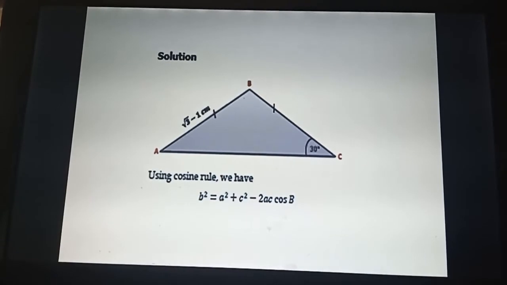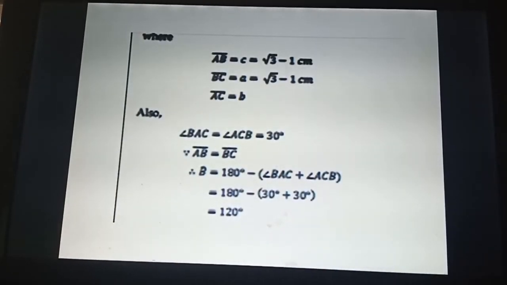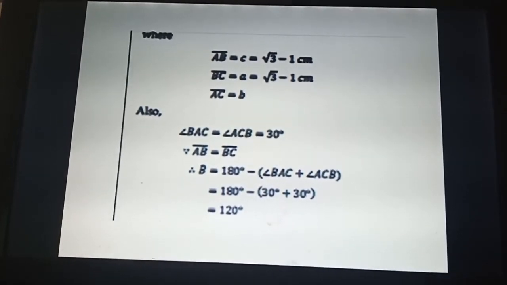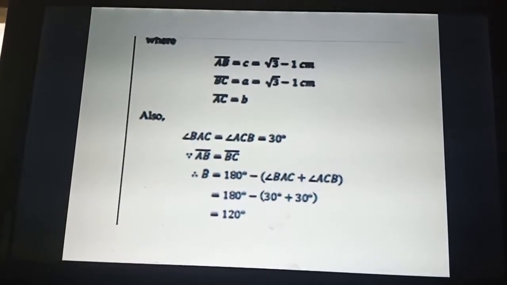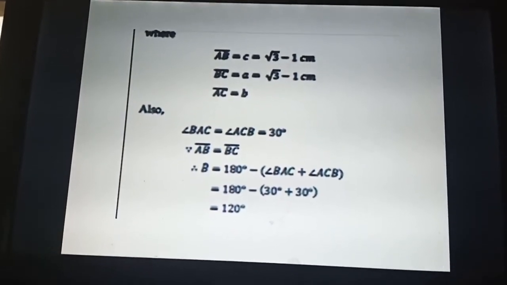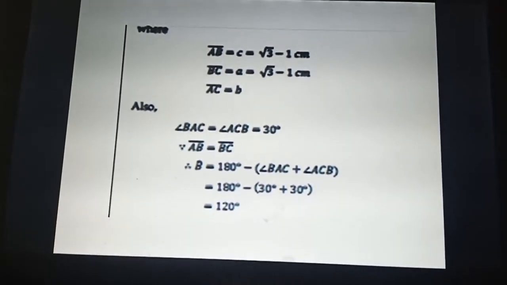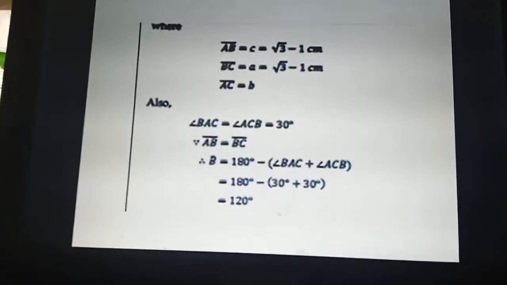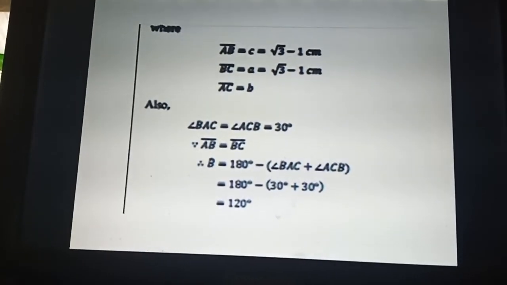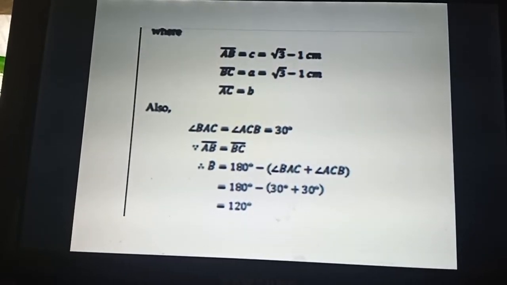As you can see, where AB is equal to c is equal to root of 3 minus 1 centimeter, BC is equal to a is equal to root of 3 minus 1 centimeter, then AC is equal to b. Also, angle BAC is equal to angle ACB, which is equal to 30 degrees. Therefore, AB is equal to BC.